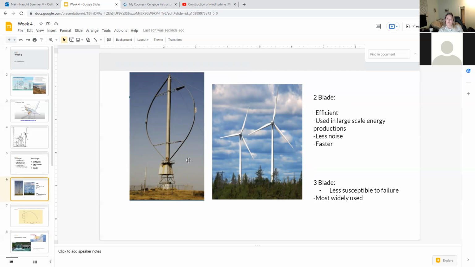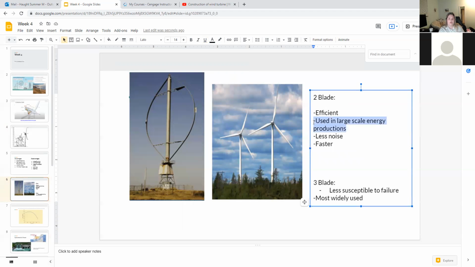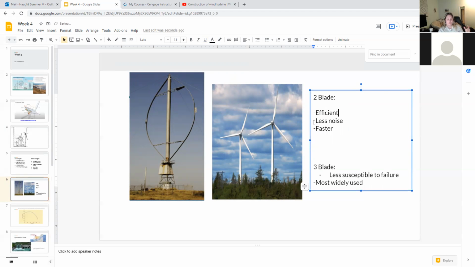That one on the left doesn't balance well, because it has 2 sides, and so it is very susceptible to failing.